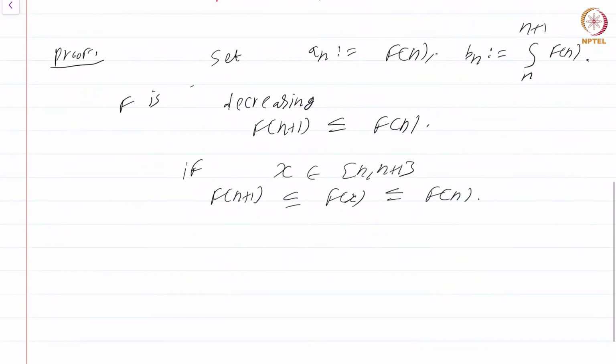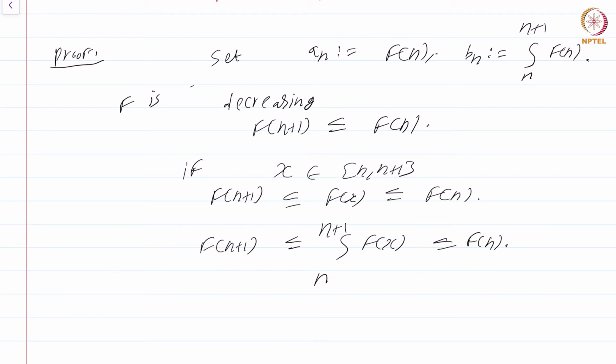In other words, if I integrate from n to n plus 1 this set of inequalities, what I would get is f of n plus 1 is less than or equal to the integral from n to n plus 1 of f of x, which is less than or equal to f of n, obviously. That just means that the area of the region under the graph of the function from n to n plus 1 is dominated by f of n and dominates f of n plus 1.